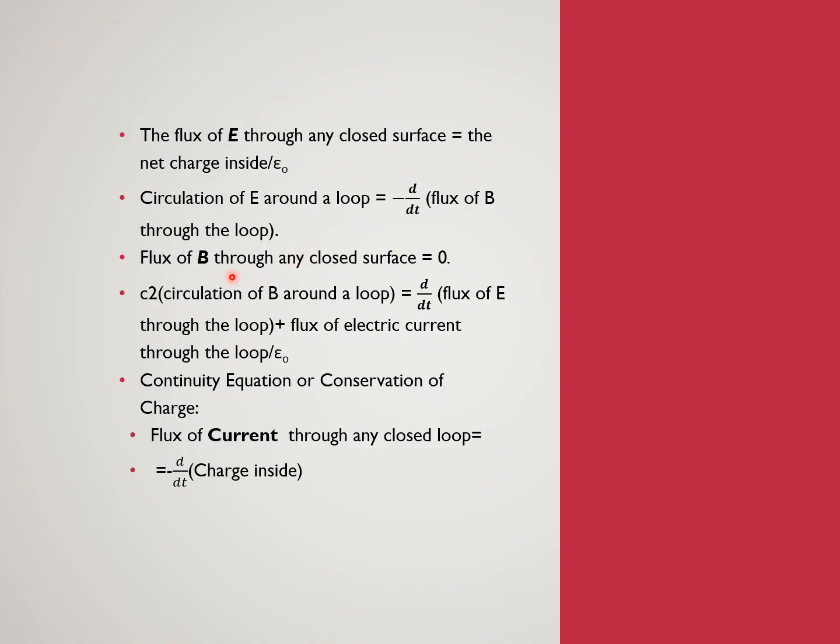The flux of B through any closed surface is equal to 0, which means there are no magnetic charges. The circulation of B around a loop, multiplied by c squared, is d over dt of the flux of E through the loop plus the flux of electric current through the loop divided by epsilon naught, or epsilon in general.